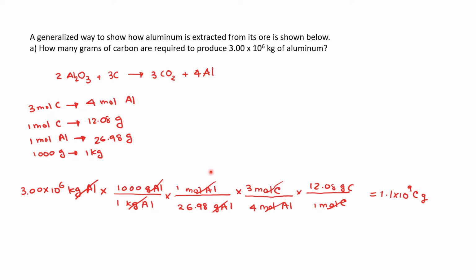Now we have the number of moles of carbon required to produce this much of aluminum. Now we need to find the grams of carbon. For that, we are going to use the molar mass. So the answer to your question is 1.5 times 10 to the 9 grams of carbon.